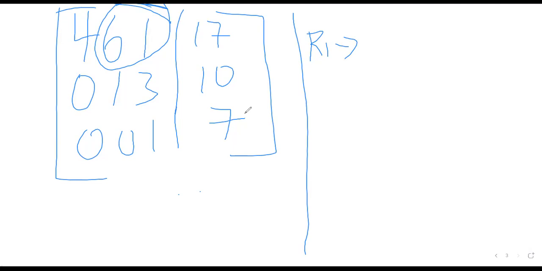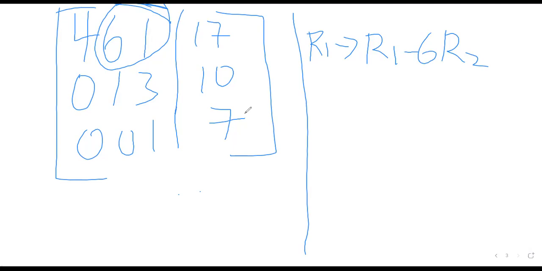So row 1 should be equal to, if you want to change this 6 into 0, then you have to multiply row 2 by 6 and then subtract it from row 1. So now it will be row 1 minus 6 row 2, because we want to change this one into 0.